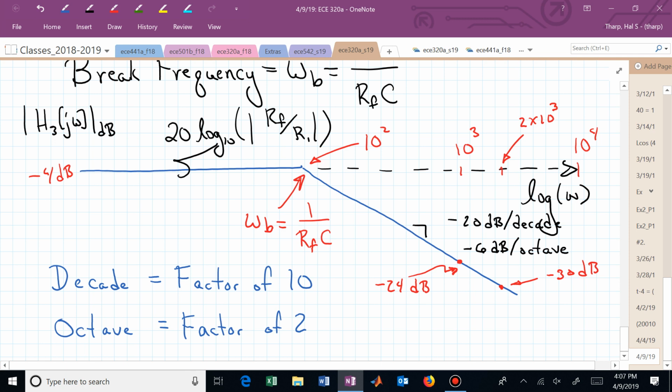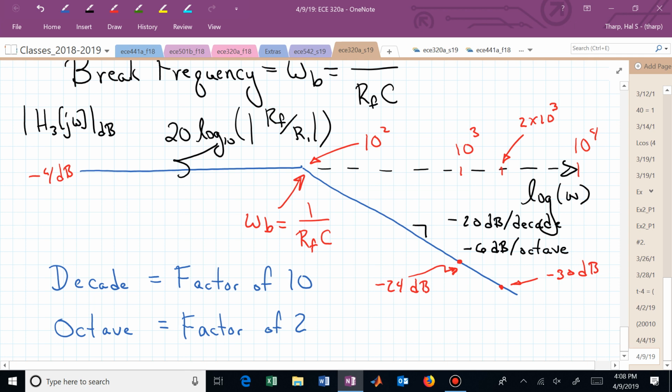It would not be attenuating higher frequency content. Here we're attenuating signals that occur at 1,000 20 dB more than we're attenuating signals at 100. That's what we're saying with this particular sketch and these hypothetical values.